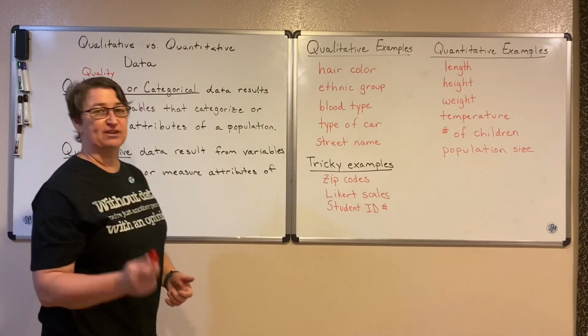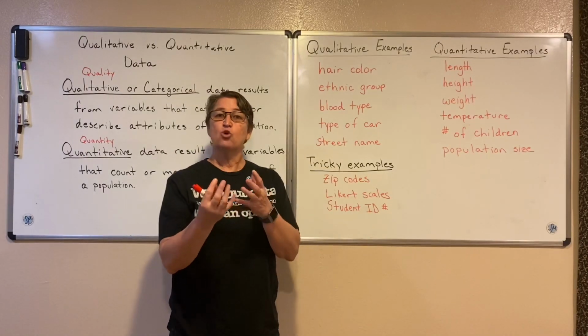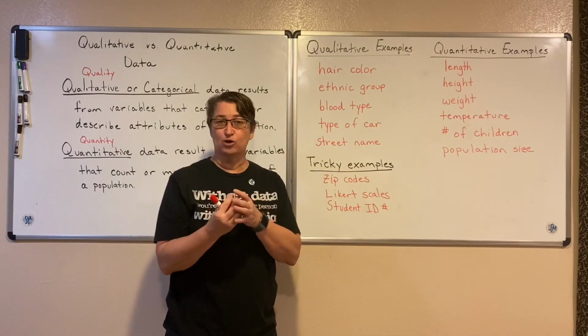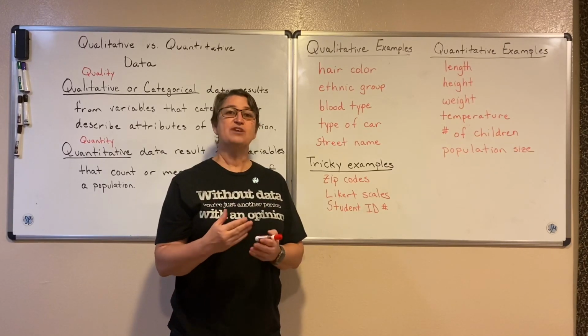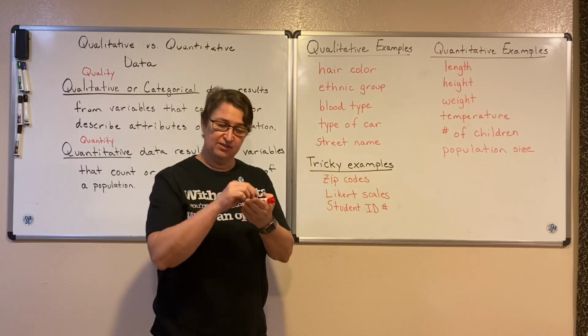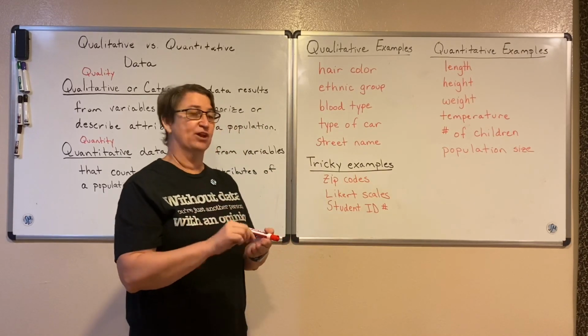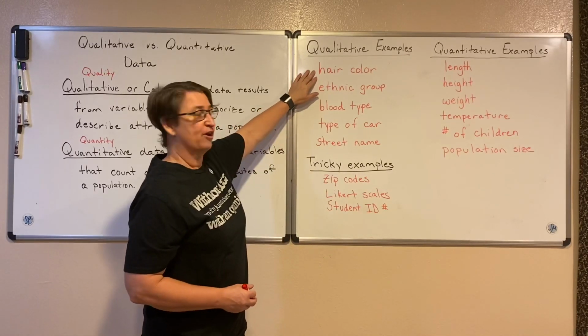So here are some examples of the two. Qualitative, I think of as qualities or categories. And typically, most of the time, the data you'll be collecting are words. So you'll be collecting words that you write down as your data. For instance, here are some examples of those variables.